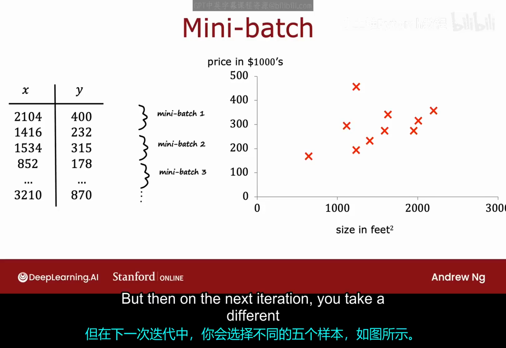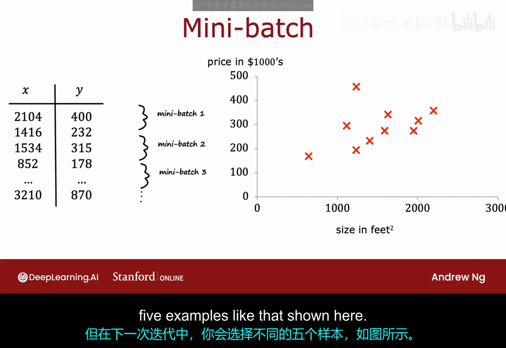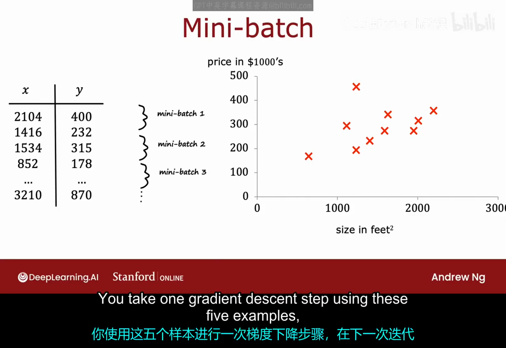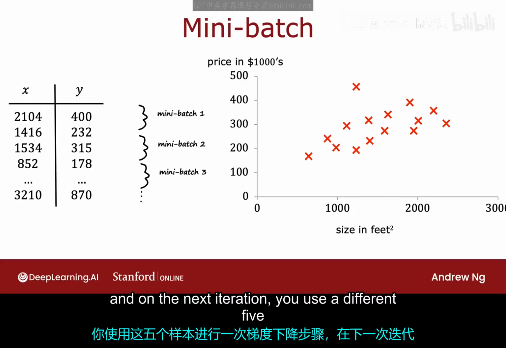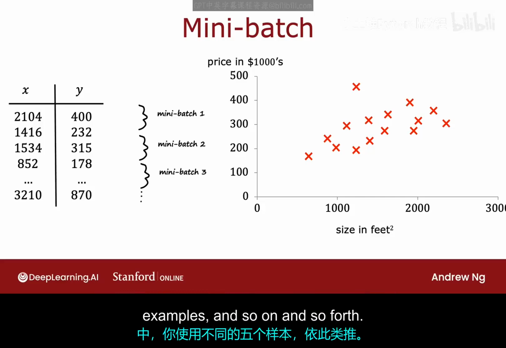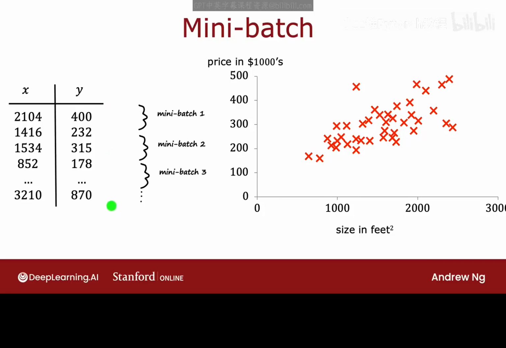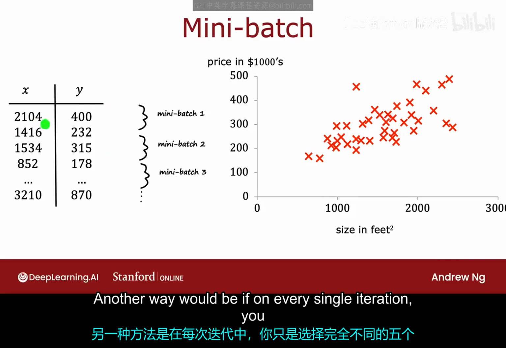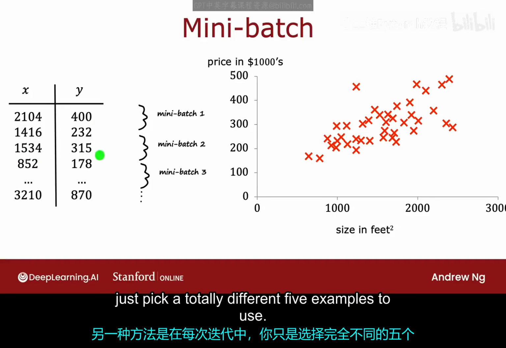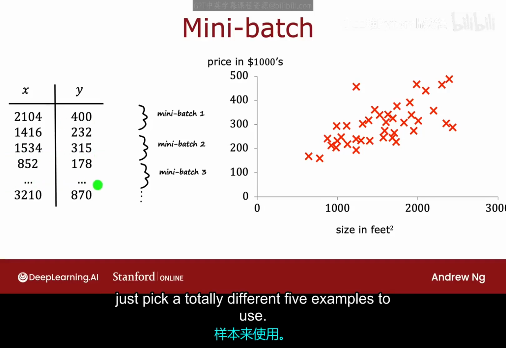But then on the next iteration, you take a different 5 examples like that shown here. You take one gradient descent step using these 5 examples. And on the next iteration, you use a different 5 examples, and so on and so forth. You can scan through this list of examples from top to bottom. That would be one way. Another way would be if on every single iteration, you just pick a totally different 5 examples to use.